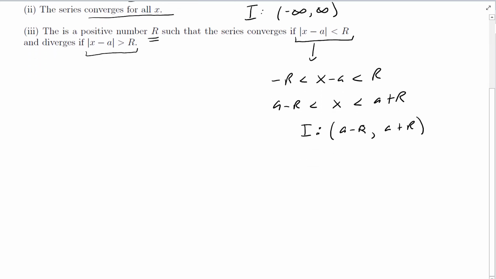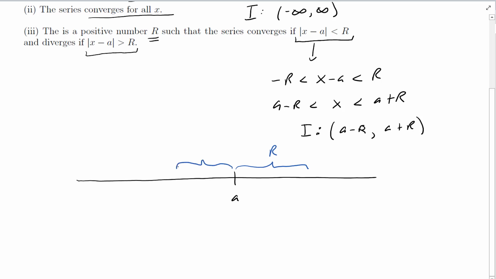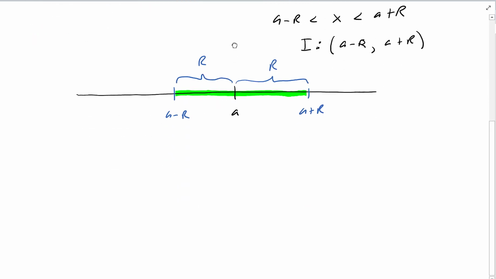Now, if you think about this on a number line, here's what we have. Every power series is centered at a. This radius of convergence says I'm going to go out a certain distance, both sides, both directions, a distance of r. So this right here is a plus r, this value here is a minus r. And we know if I pick an x value between a minus r and a plus r, then I know that this power series converges.